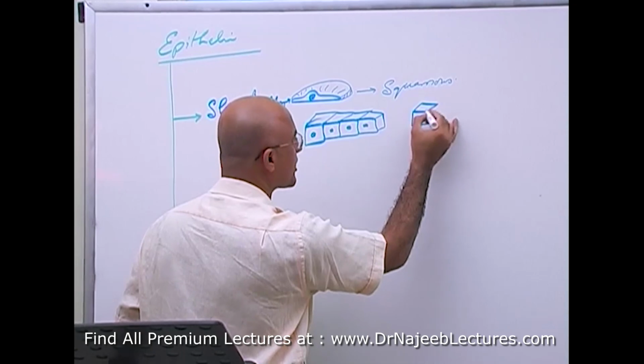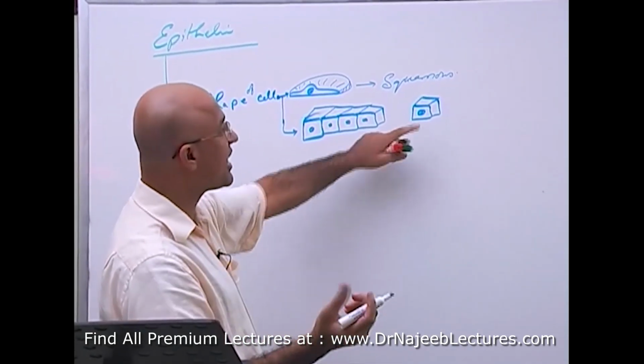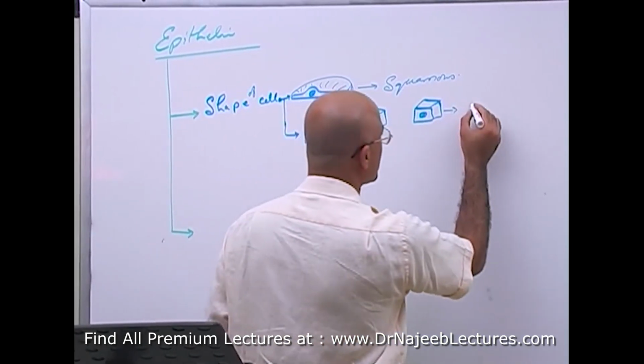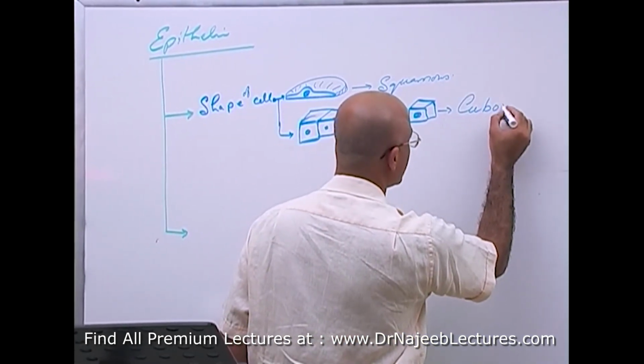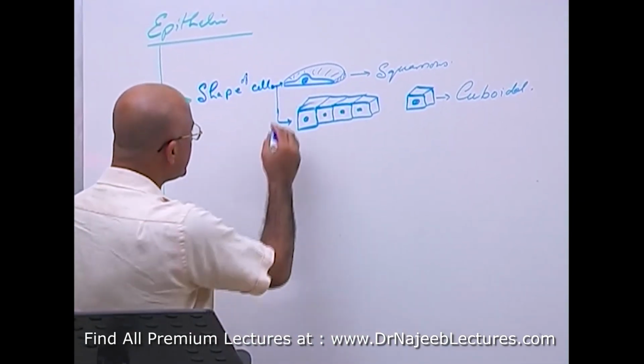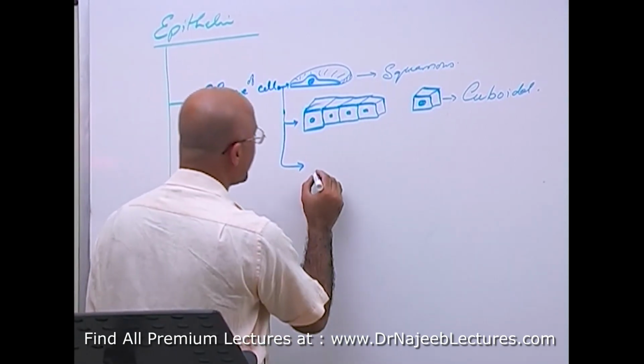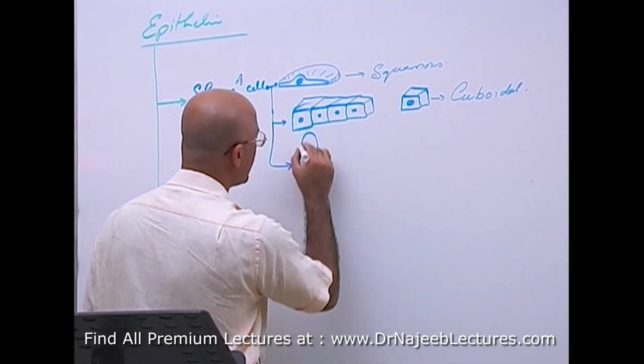Because these cells are like a cube, such epithelial tissue which is having cells like cubes is called cuboidal epithelium. Cuboidal epithelium.